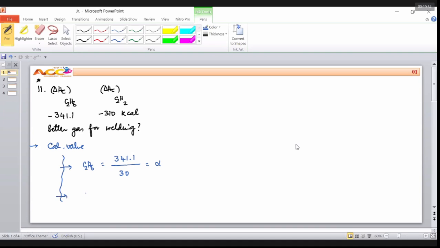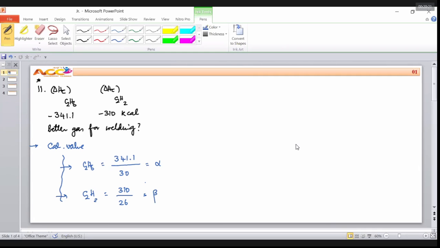Now let us take the second fellow, ethyne, acetylene: 310 by C2H2, 24 plus 2, 26. Calculate this value. If alpha is more, ethane is the efficient fuel. If beta is more, acetylene is the efficient fuel. Therefore, efficiency of a fuel should not be discussed with respect to energy released per mole.